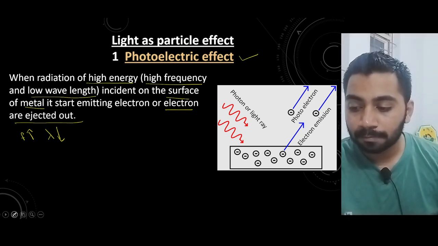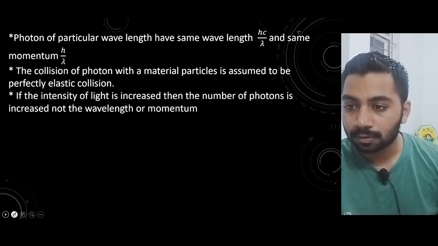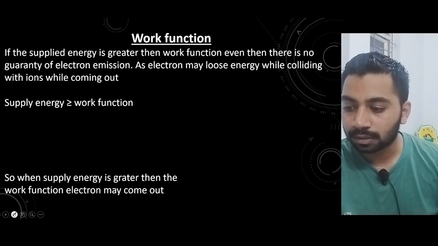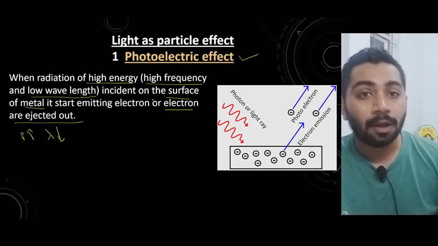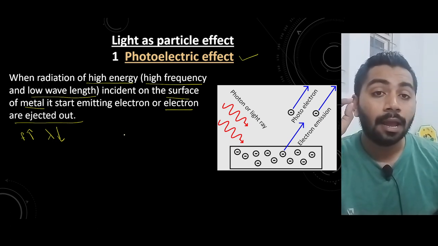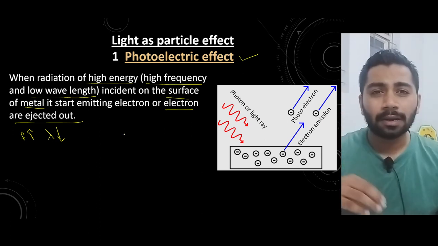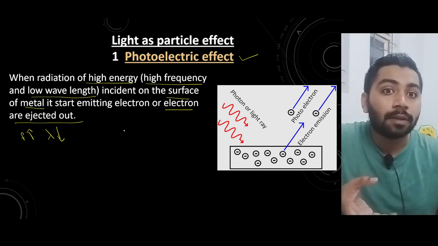See basically, work function now. Okay. See now, simple thing. When a high energy falls on the metal, that high energy consists of high frequency but low wavelength. See, like this.